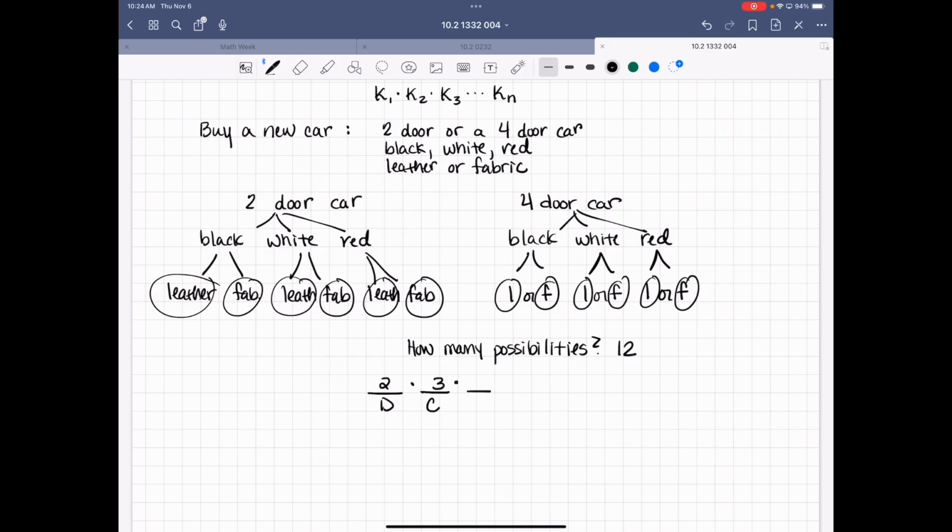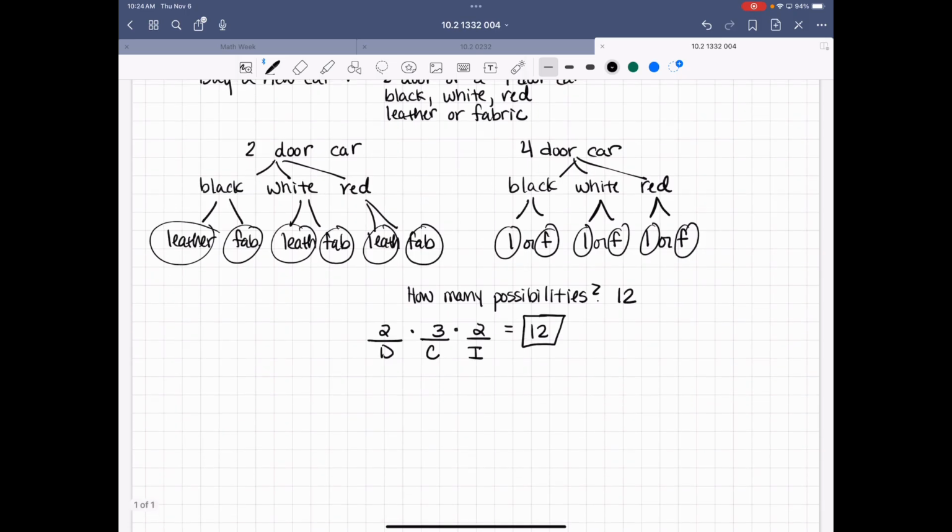And then it says, on the interior, how many different choices are there? 2. And you just multiply all those together, and what do you get? 12. The answer you got, and you didn't have to write all of that stuff down. You didn't have to make the tree diagram. That's what the fundamental counting principle says.